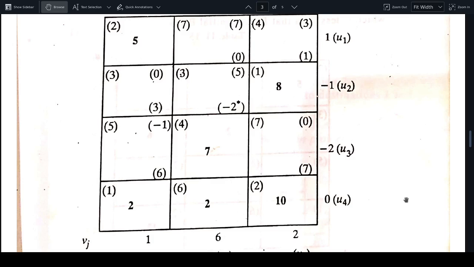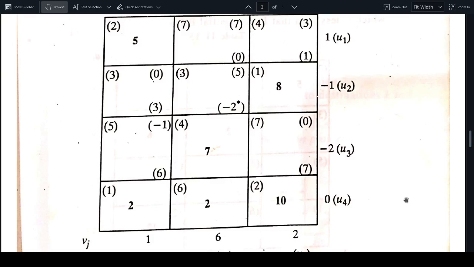Similarly, the next unoccupied cell is cell number 1, 3, where the cost is 4. Right? So where the cost is 4, here also you write Ui plus Vj. What is Ui plus Vj?